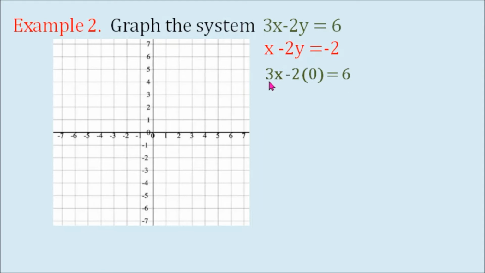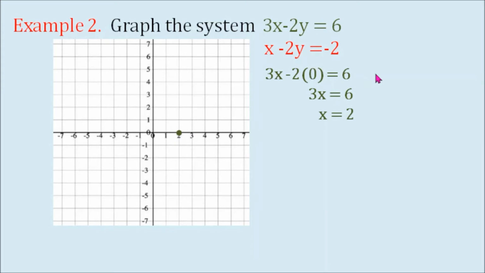For the first equation, we are going to find the x-intercept. The x-intercept is the value of x when y is 0. So that means 3x minus 2 times 0 equals 6. And this negative 2 times 0 is actually 0, so we have 3x equals 6. And dividing both sides by 3, we have x equals 2.